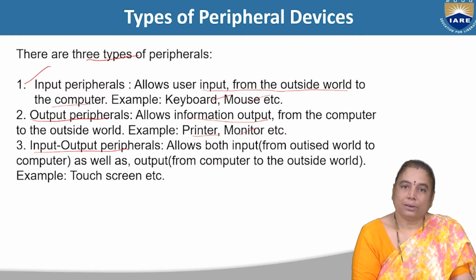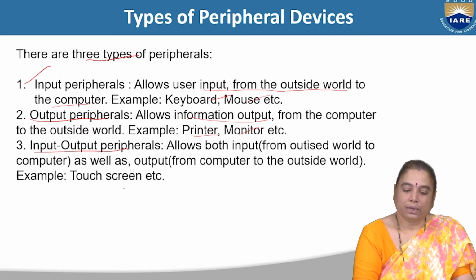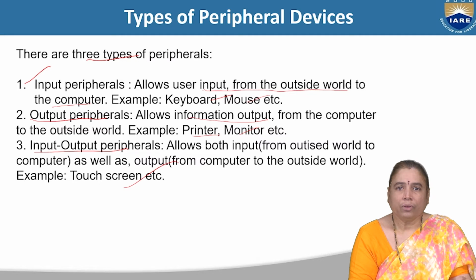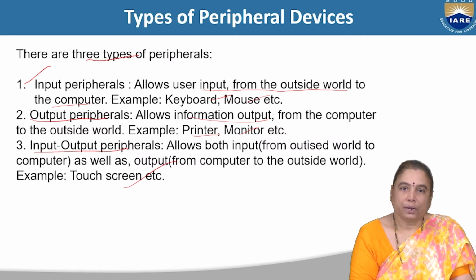An example of an input-output peripheral is the touch screen. With a touch screen, the user can give the input and can visualize the output right there itself. So the touch screen comes under the category of input-output peripheral.